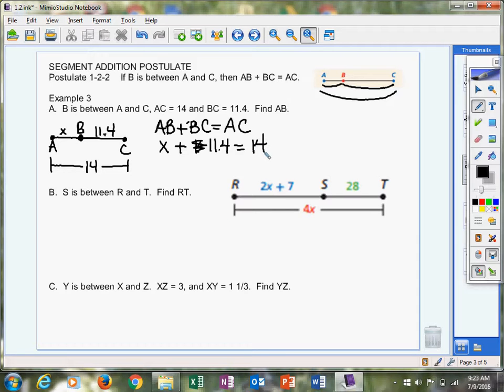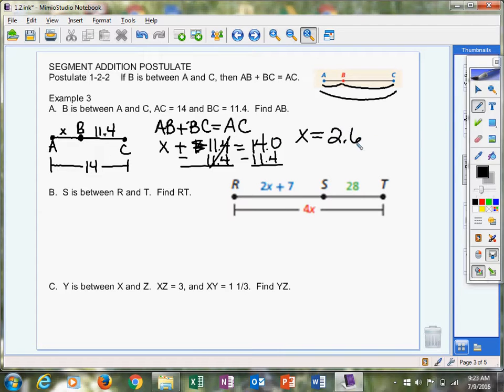So what plus 11.4 will give us 14? We know how to solve one-step equations. You're just going to subtract 11.4 from each side. And we'll end up with x equaling what? What did you guys end up with? Some of you probably already knew it before I did any of that.